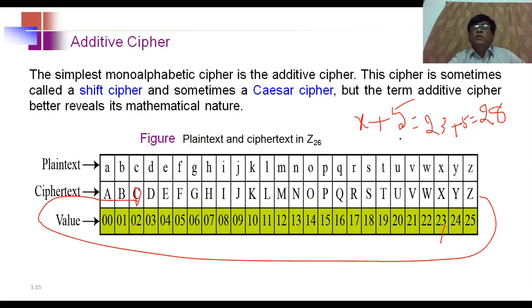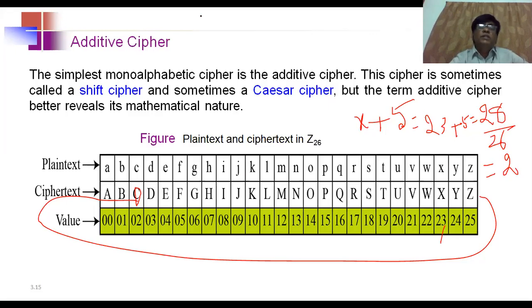How to get this? Divide this value by 26 and take the remainder. 26 once, the remainder is 2. What is the equivalent character for the integer 2?